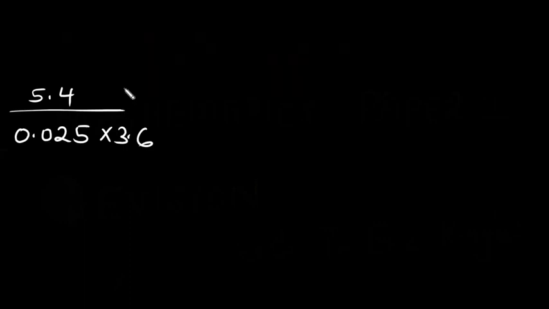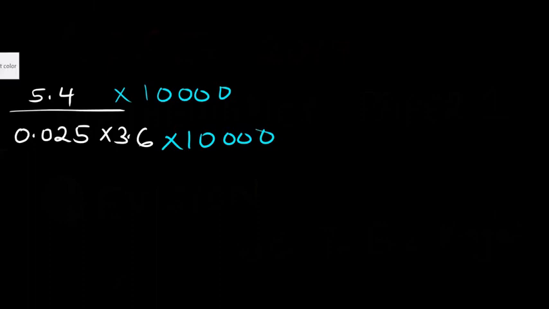So what we're going to do is multiply by 10,000 on both the numerator and the denominator, and by doing so we shall have eliminated the decimal places. For the numerator, the zero is going to cancel out one decimal place, and for the denominator, all the 4 zeros will cancel out the 4 decimal places.